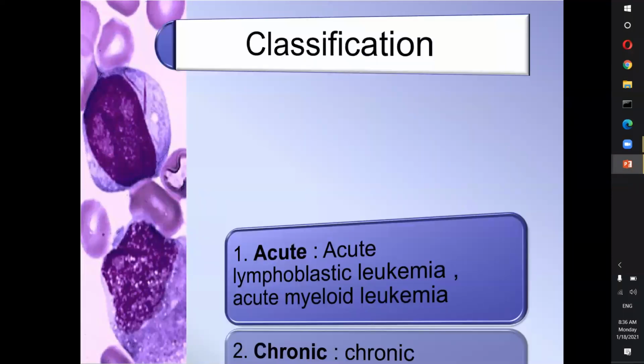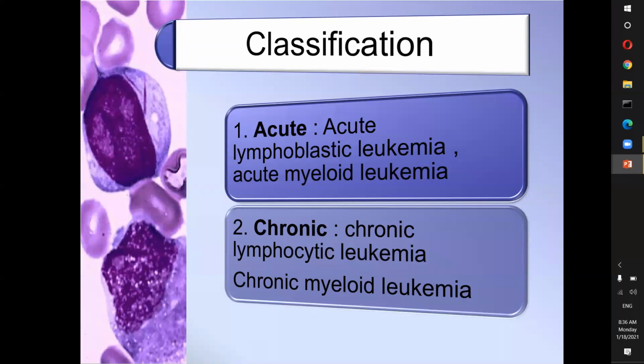We can sub-classify leukemia in general into acute versus chronic. We have acute leukemia and we have chronic leukemia. This depends upon the time of cell proliferation and division.